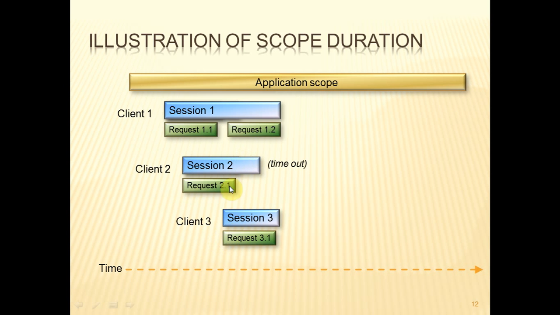Also, just a little bit after client 3 sent in a request, client 1 also sent in a request 1.2, and that has prolonged the life of session 1 because the timeout counter is reset. Request 2 comes in from client number 3, so session 3 continues, but now session 1 has timed out because there's been no further request from the first client.